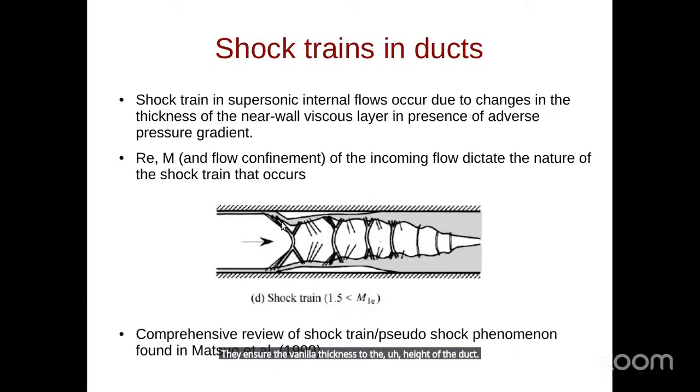It is observed that not only one shock is present, but subsequently expansion waves occur, which lead to an expansion region. Then another shock comes, then expansion, then shock, and so on. So there are multiple shock and expansion waves, and such regions are popularly called shock trains.